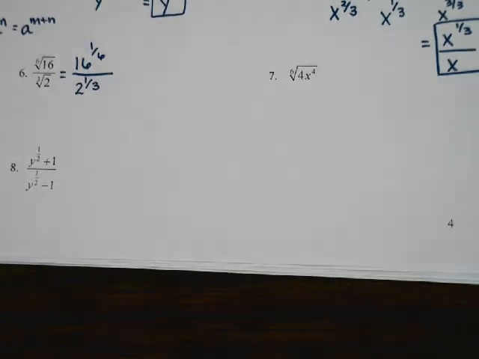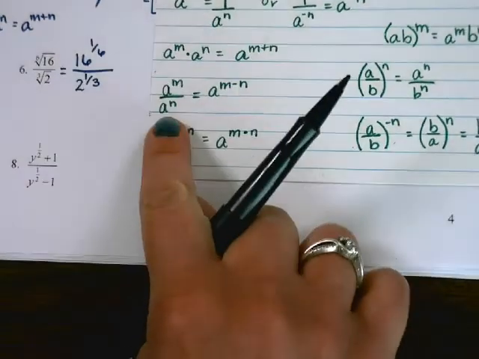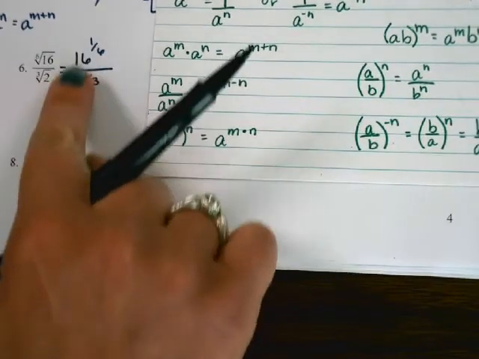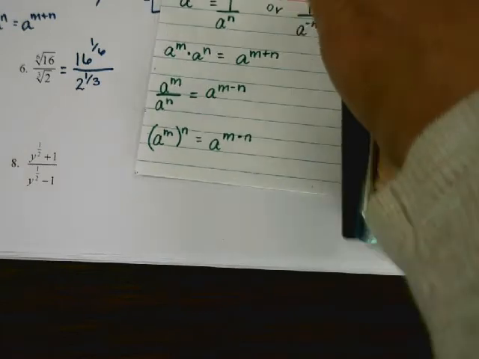All right, well, my exponent rule says that in order to subtract those guys, they have to have the same base. Are 16 and 2 the same base? But could I make them the same base?